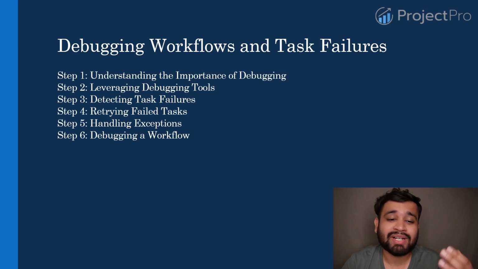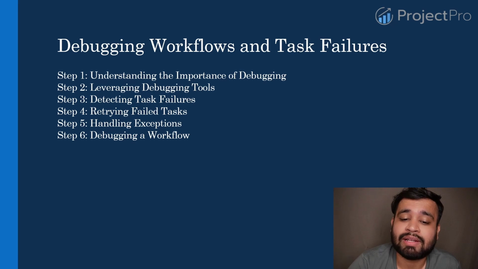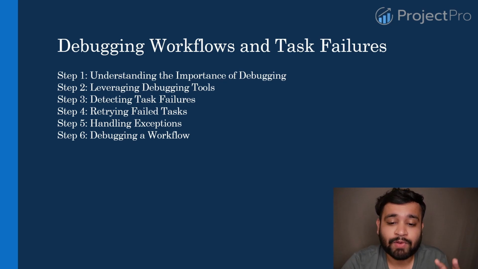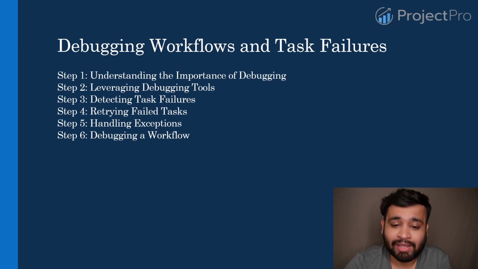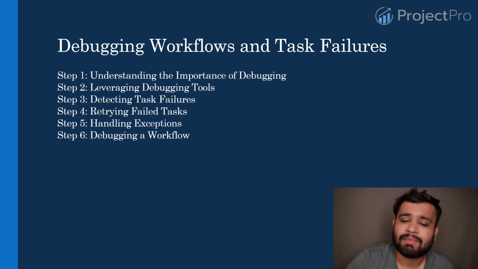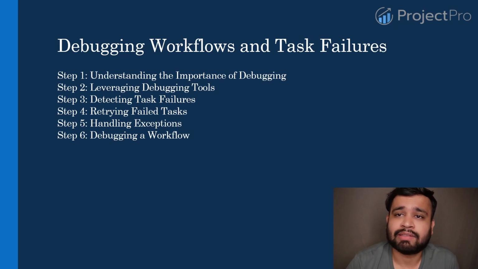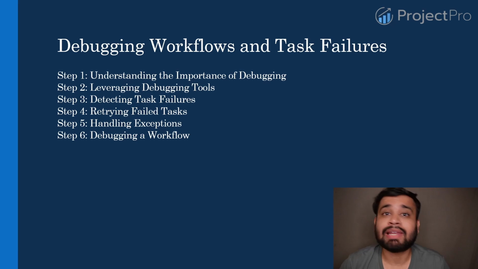And if you talk about detecting task failures, you have to explore different methods for detecting them, such as different monitoring tools or error handling mechanisms. You have to review the logs and the error messages very carefully to pinpoint the causes of your task failures. But as you know, sometimes the failures can be temporary.